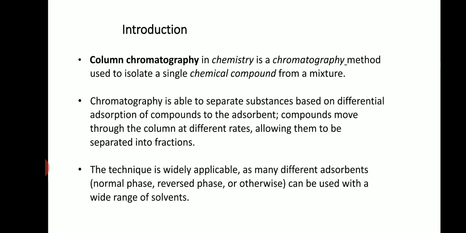Compounds move through the column at different rates, allowing them to be separated into fractions. The technique is widely applicable as many different adsorbents can be used with a wide range of solvents. Adsorbents such as normal phase and reverse phase or otherwise.